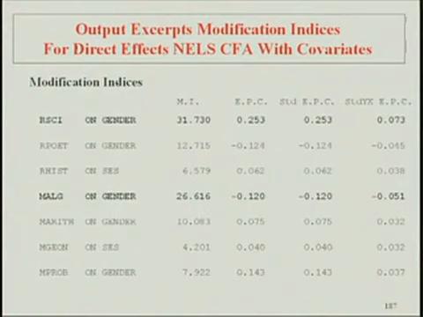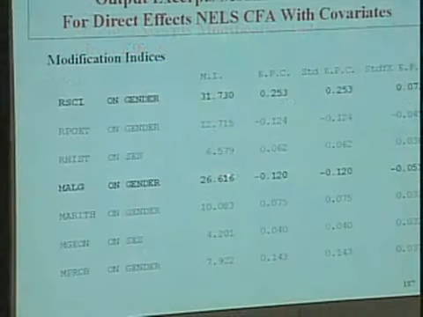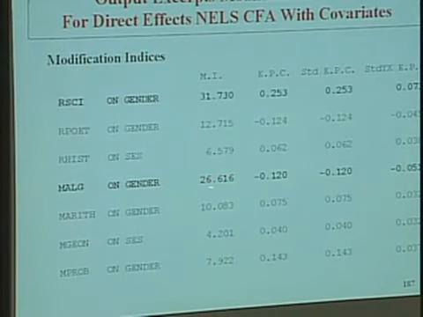So we saw that was the largest one. The second largest is math algebra on gender. So if we freed that parameter, we would reduce chi-square by 26.616. We have some other ones that are greater than 3.84, but as I mentioned earlier, if you free something, you have to re-estimate the model to look at the modification indices again. So maybe those wouldn't be as big.